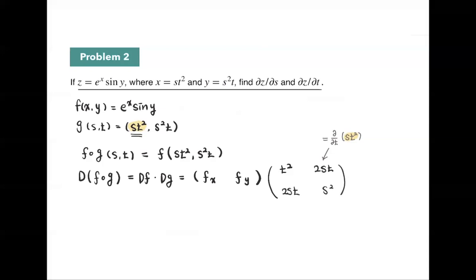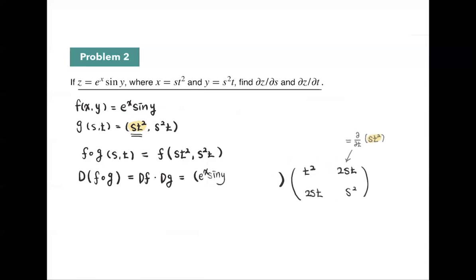So we also can get fx and fy, because we know f of x comma y. So let's calculate it. Fx is e to the x sine y, and fy is e to the x cosine y. Okay. So if we calculate this one, then since it is a 1 by 2 matrix and a 2 by 2 matrix, you get a 1 by 2 matrix, right?